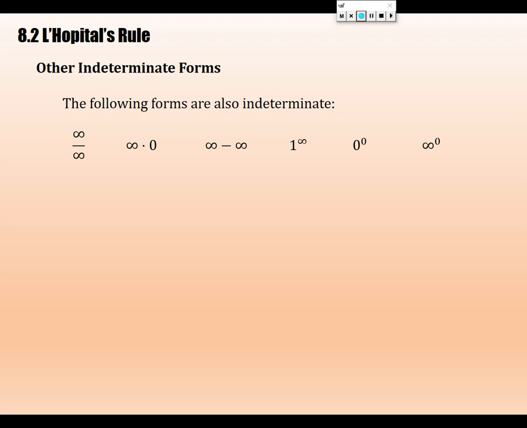Which one wins? Normally, if this thing is headed toward a million, billion, trillion, and you're multiplying it by something, you'd be like, oh, well, then the whole thing is getting big. But what if I also told you that the other thing was drawing that thing down? Well, then which one wins in the end? The answer is we don't know unless we actually run some calculations and some analysis.